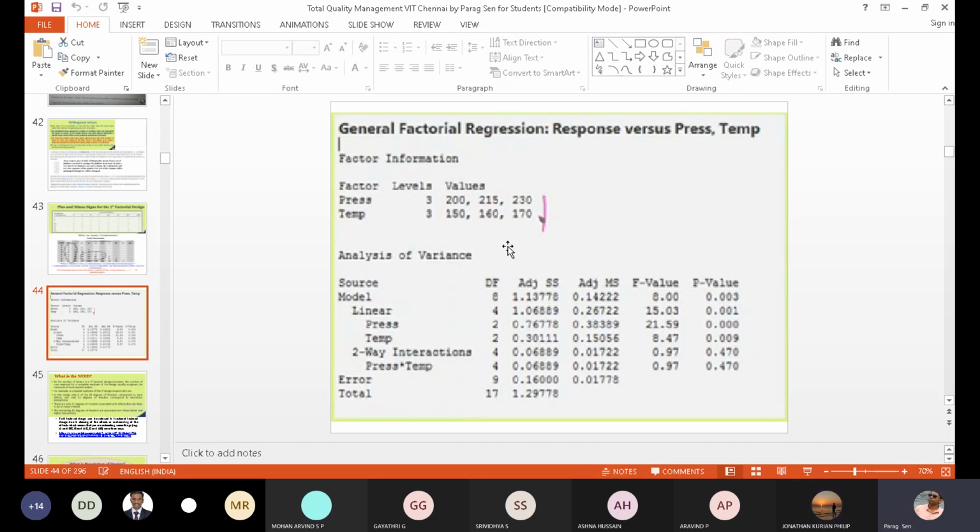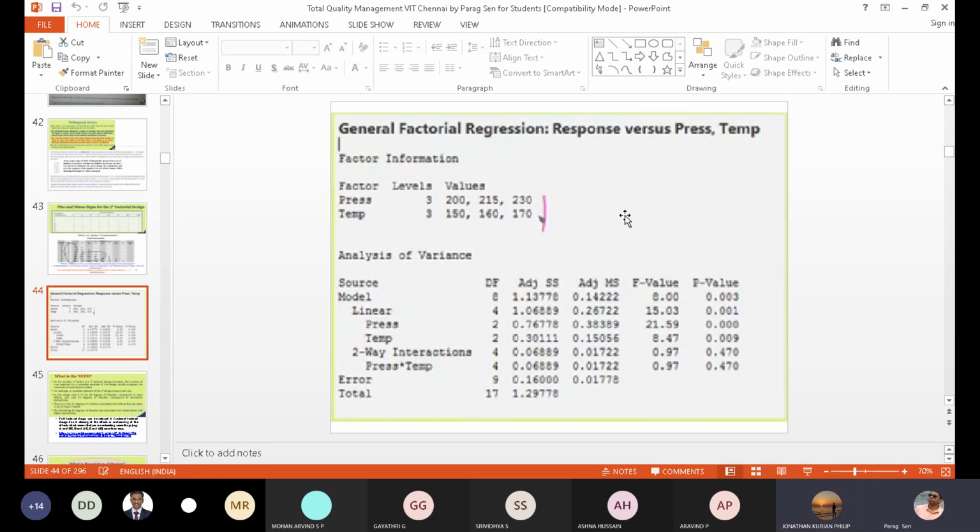Suppose you have taken your independent variables as pressure and temperature. Pressure has three levels, 200, 215 and 230. Temperature also has three levels, 150, 160 and 170.